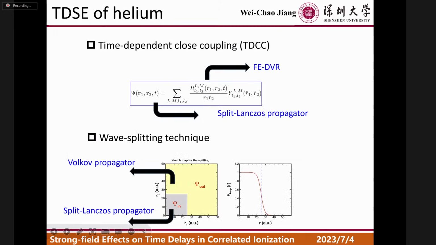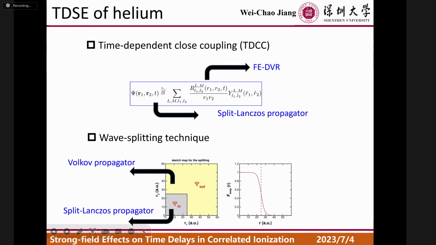Our theory is based on the accurate numerical solution of the Schrödinger equation in full dimensionality. The two-electron wave function is expanded into coupled harmonics. The radial part is further described by the FEDVR method.